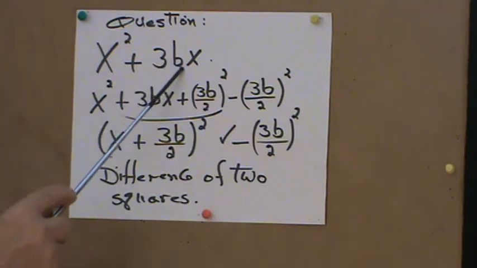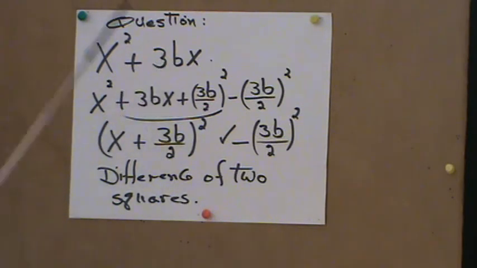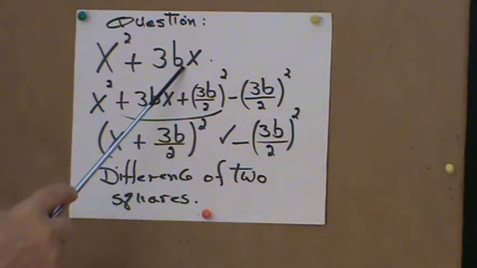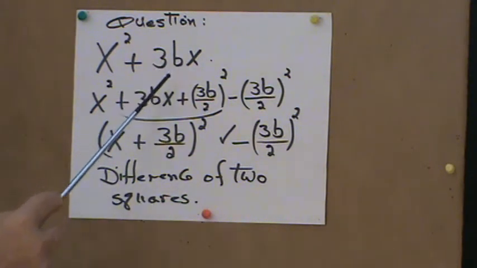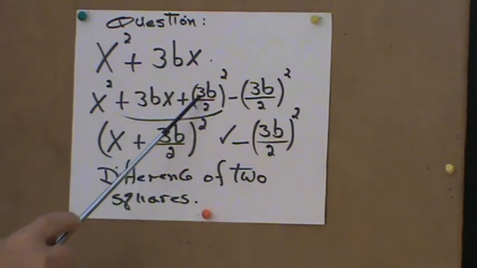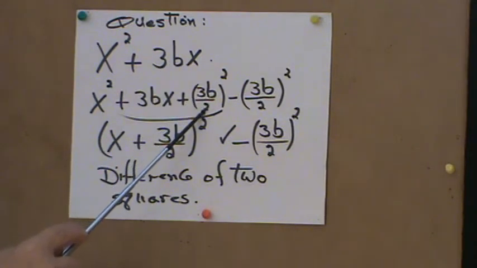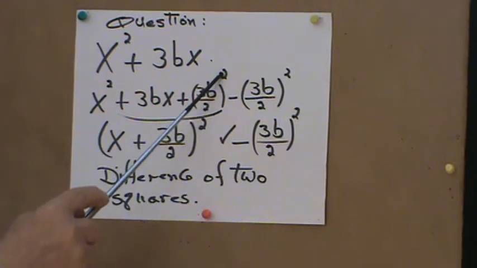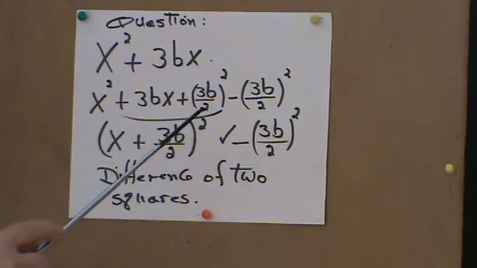In this case, it is 3b, whatever b is. This could be even, could be odd, a square root of 2, can be pi, can be any real number in fact. Now, here, I take half of it, half of the 3b, 3b divided by 2, square it, then compensate for that change.